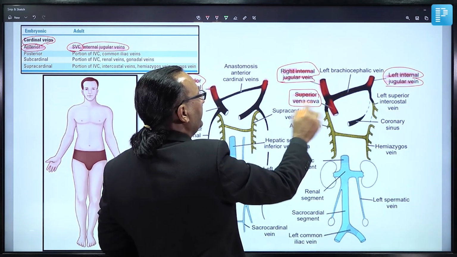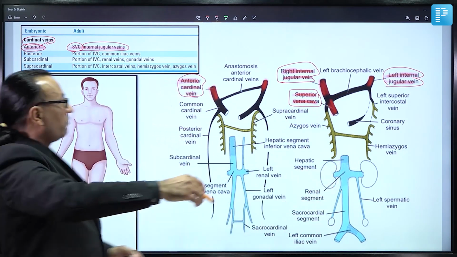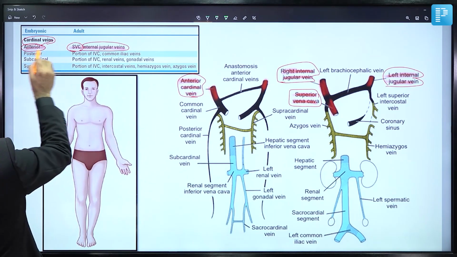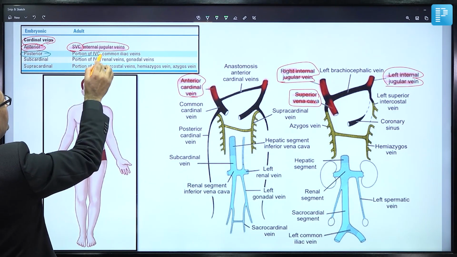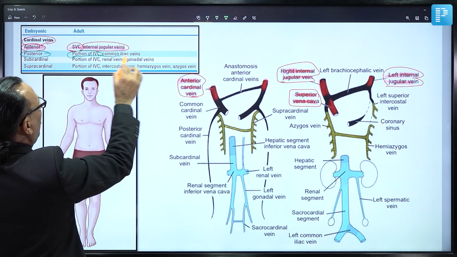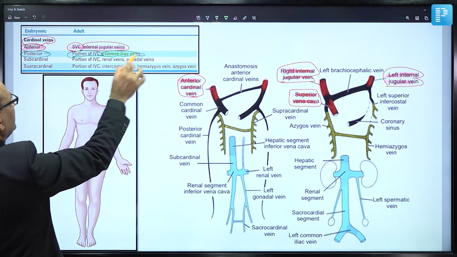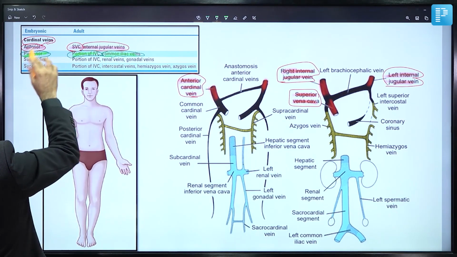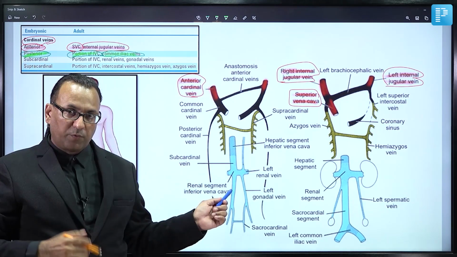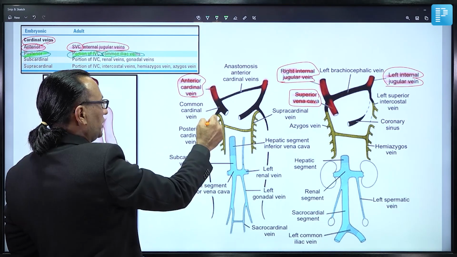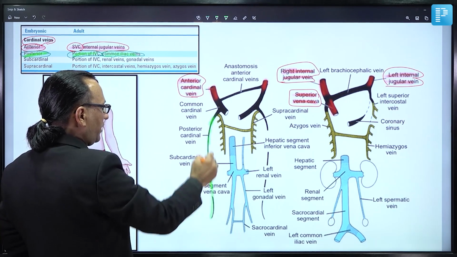Then what about the posterior cardinal veins? When we are talking about the posterior cardinal veins, they contribute to the initial part of the inferior vena cava and the common iliac veins. We have mentioned that earlier, and let us show that here as well. The posterior cardinal veins, which are shown here, are regressing.